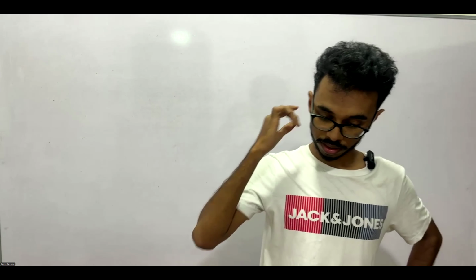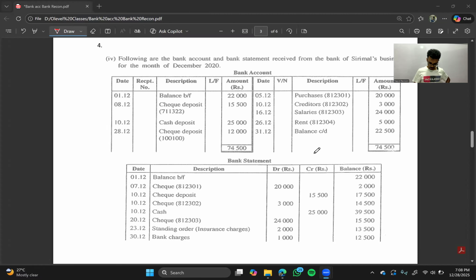Following are the bank account and the bank statement is business. Okay. Now this is the fourth sum, right? The balance of the bank account and the bank statement received from Serimal's business.